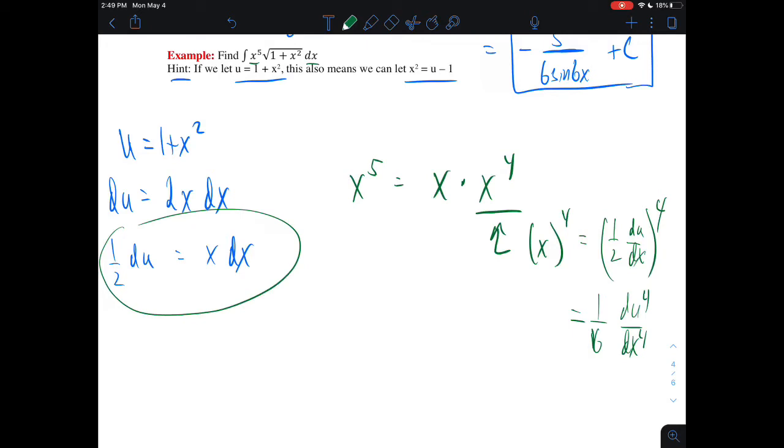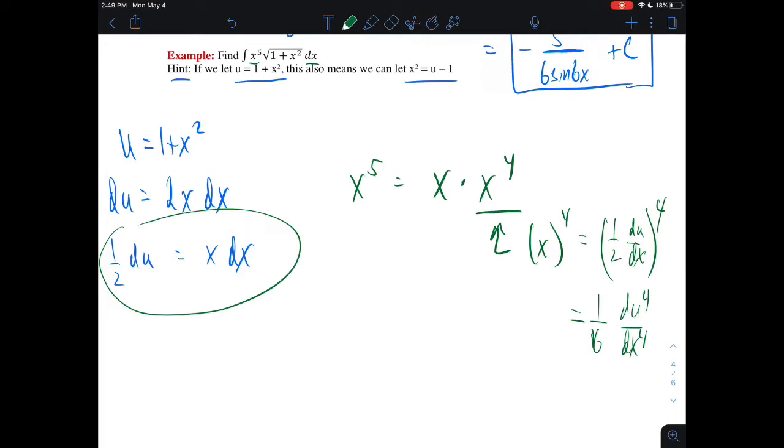And right there I would just ask you, okay, cool, what's du to the 4th equal to? Or what's dx to the 4th equal to? And you don't have an answer to that because you've never seen that notation before, ever. Raising a differential to a power does not make sense.